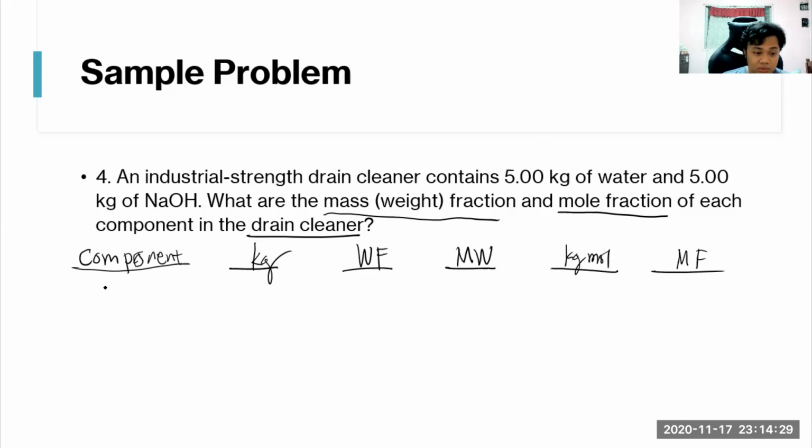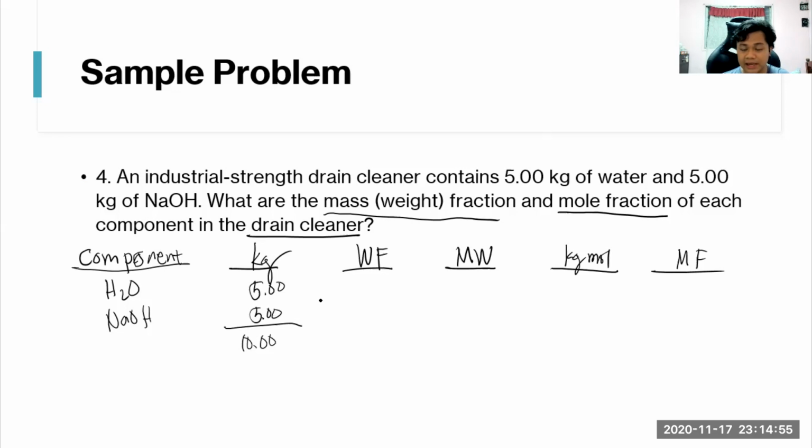Okay, so we have our water and then our sodium hydroxide. So it is equal: 5 kilograms and 5 kilograms also. If we get their weight fraction, we have to total this first, so we have 10 kilograms total.